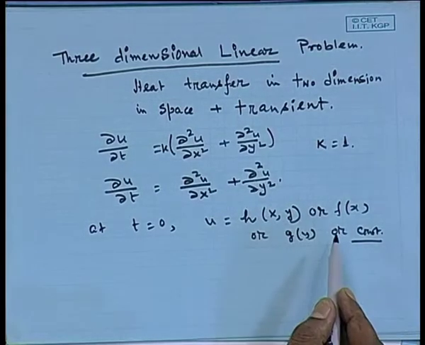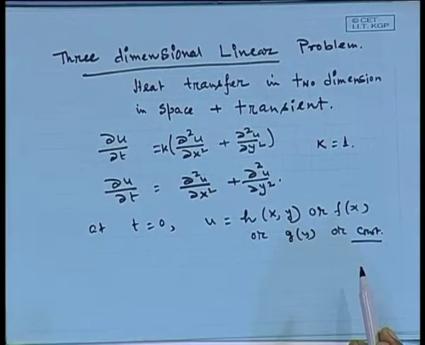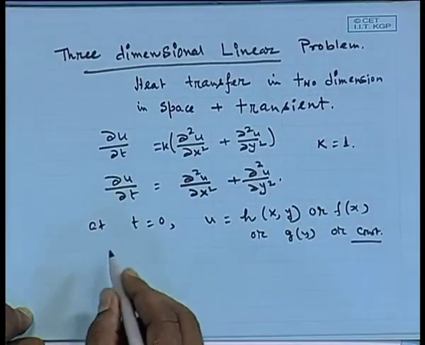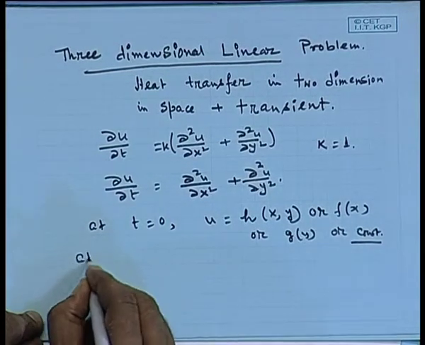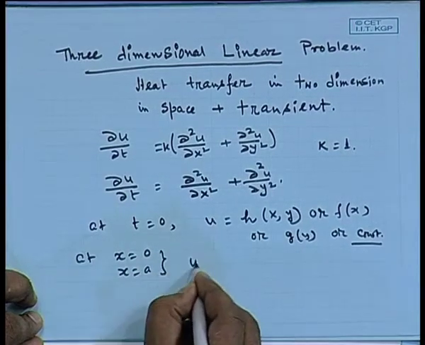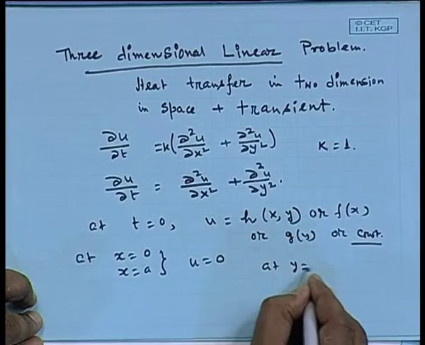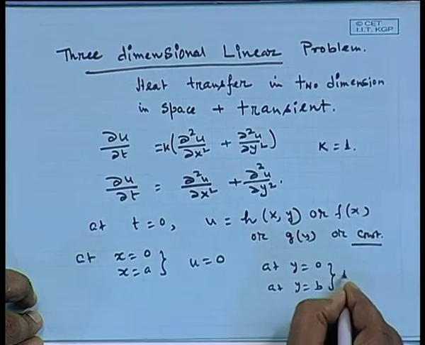These are all known functions. Let us consider that all the boundary conditions are homogeneous. At x equal to 0, at x equal to a, your u is equal to 0, at y equal to 0, at y equal to b, your u is equal to 0.